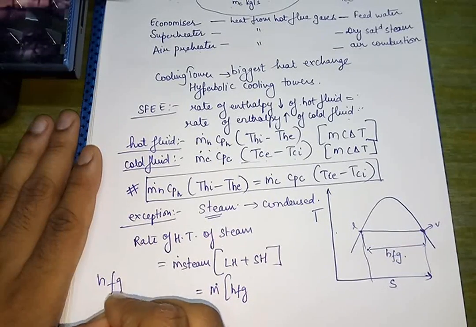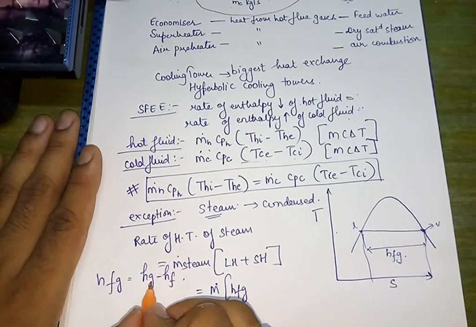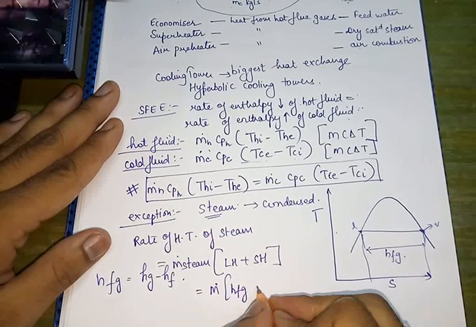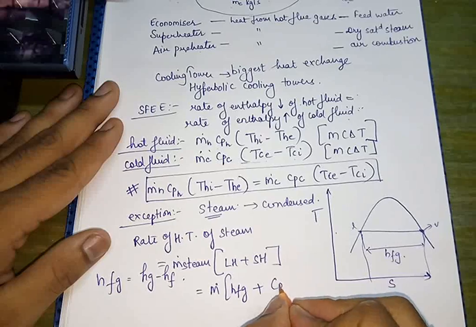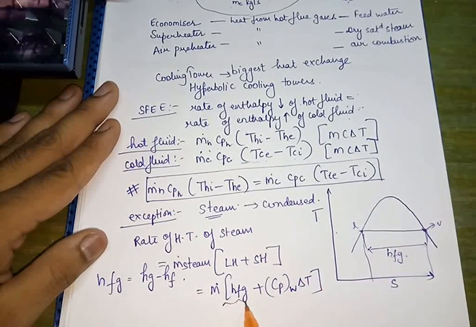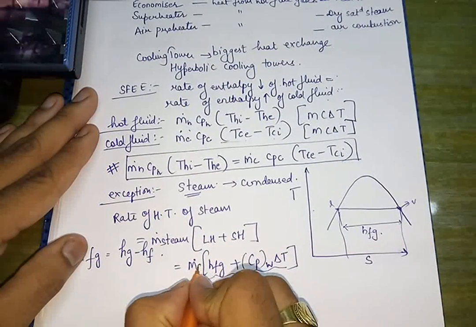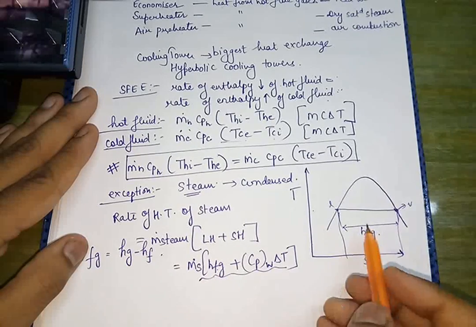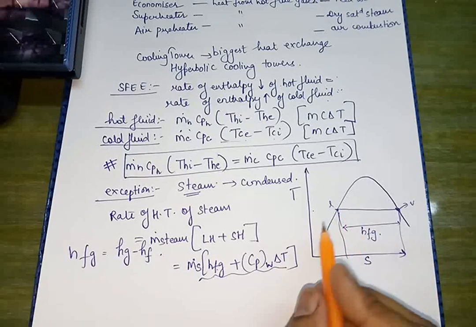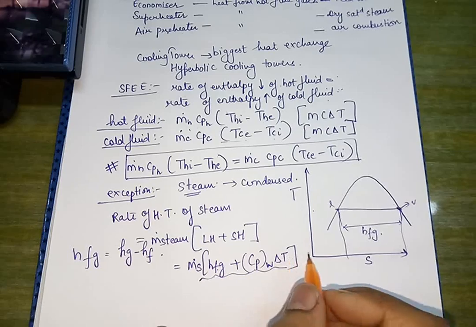We know that h_fg equals h_g minus h_f, that is the enthalpy of the saturated vapor minus the enthalpy of the saturated liquid, and the sensible heat would be the specific heat of the water times delta T. So in case of steam, the situation is going to be different. Here m is the mass flow rate of the steam. h_fg is the latent heat, which is obtained from the graph, or the value may be given. And C_pw will be the specific heat corresponding to the water.